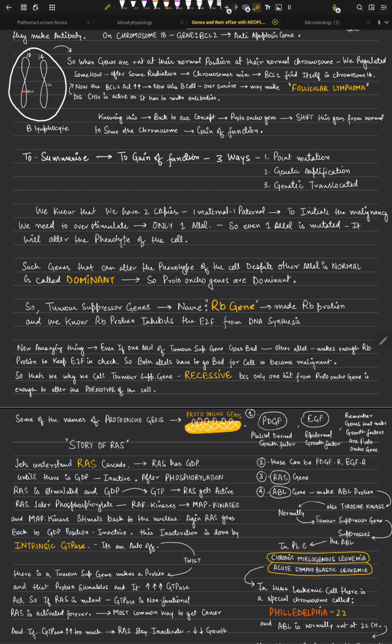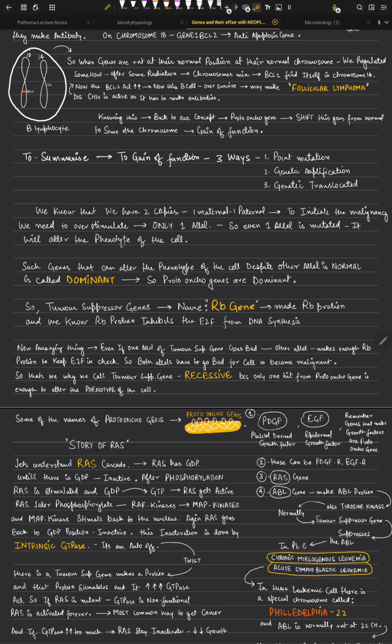Such genes that can alter the phenotype of the cell despite the other allele already being normal are dominant alleles. So proto-oncogenes are really dominant. You just have to get one mutation in one allele, because you have two alleles, one from paternal, one from maternal.